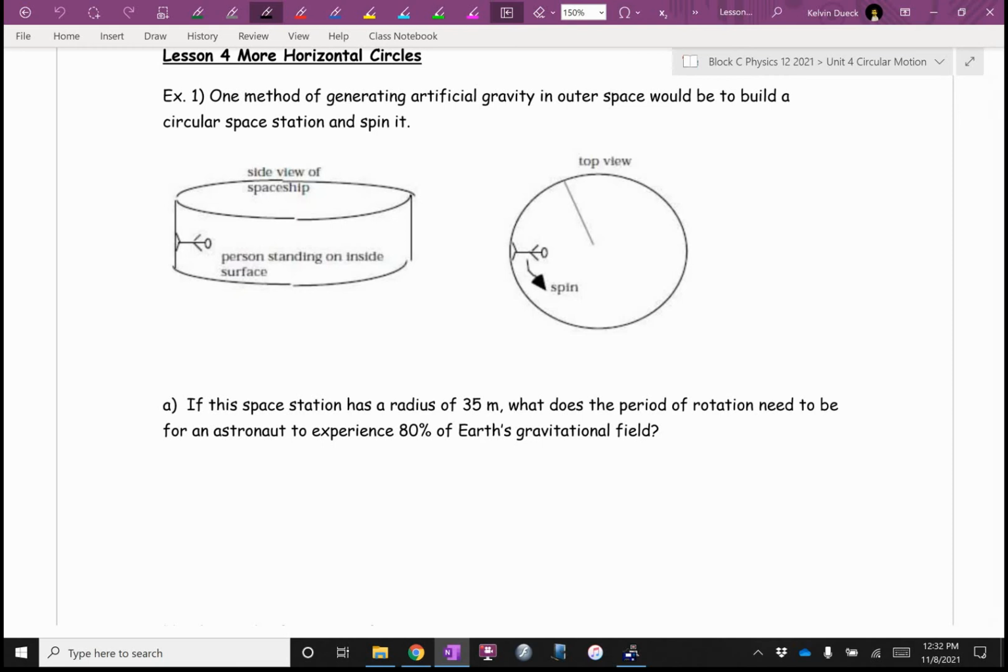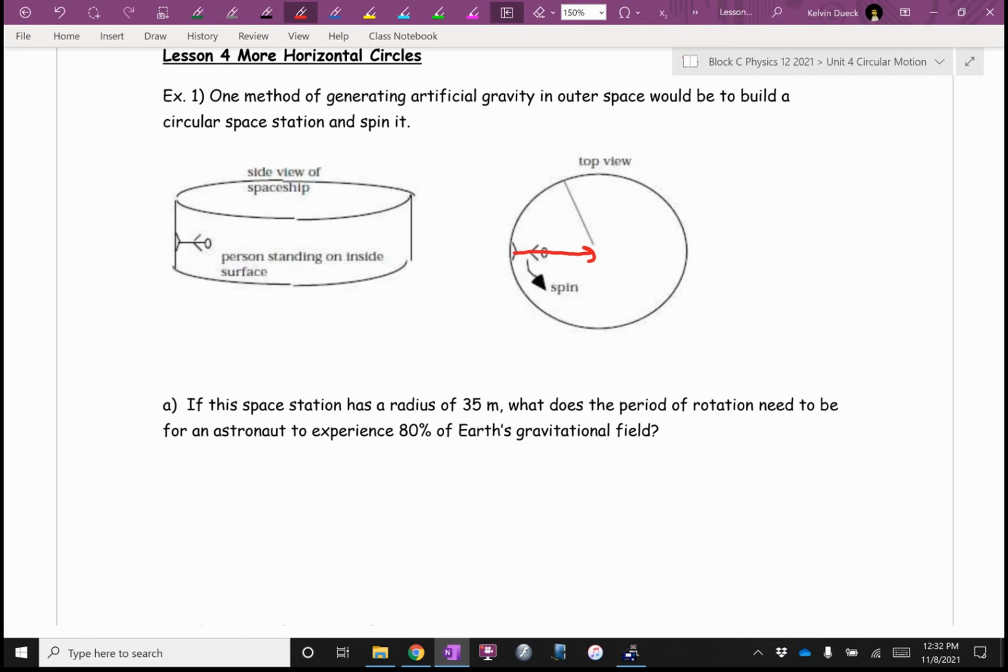Okay. What path is this astronaut tracing out? Where must there be an unbalanced force pointing then? Toward the center. I know there's got to be a force pointing there. Is that FC? Does FC ever show up on my free body diagrams? No, so don't put that there. What force is that?